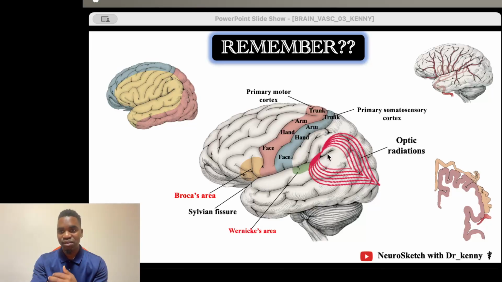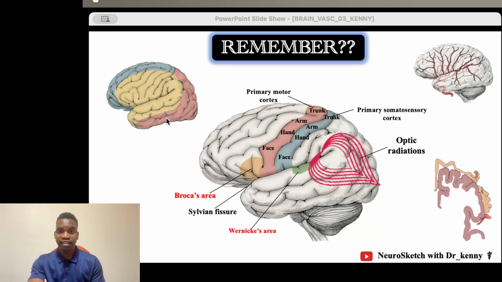And remember we also have the optic radiation. You remember the visual pathway. You just have to watch the visual pathway, because I don't know how to make it sound important to you. The superior part of the optic radiation will pass through the parietal lobe, but the inferior portion of the optic radiation will go through the temporal lobe.